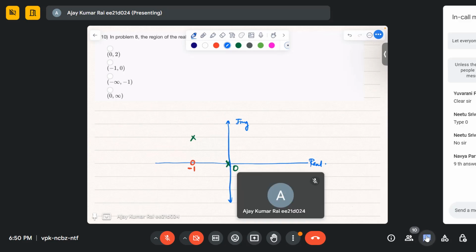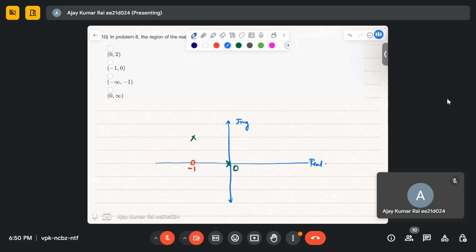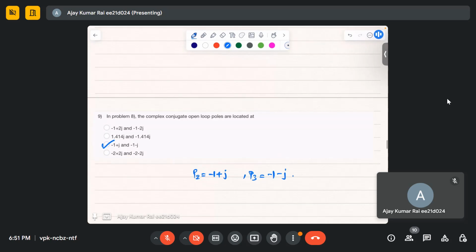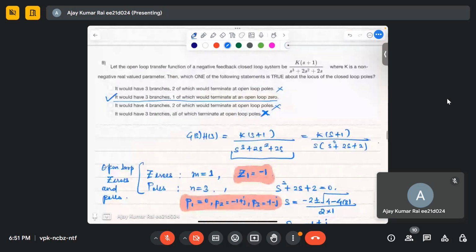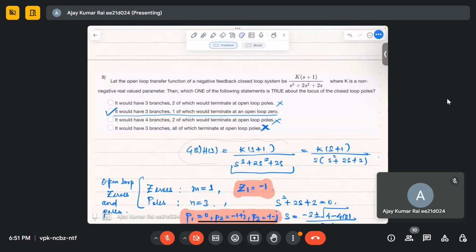Okay, I'm getting one confusion, problem eight. Okay, so what is the problem with the eighth answer? In the eighth question, the complex conjugate open loop poles. So basically you have to find out the poles for this.